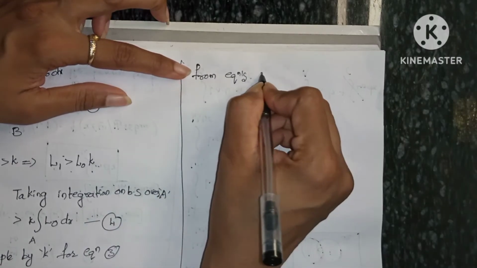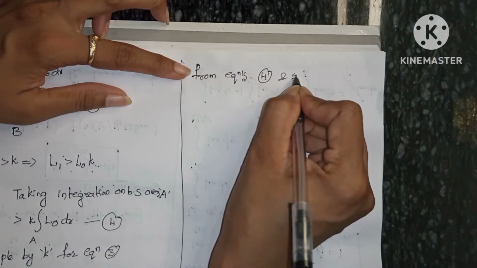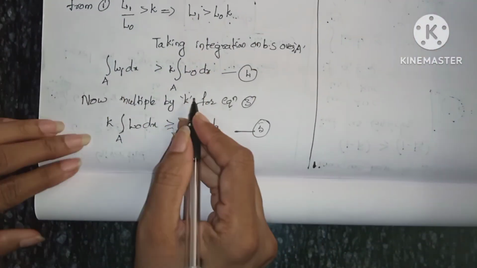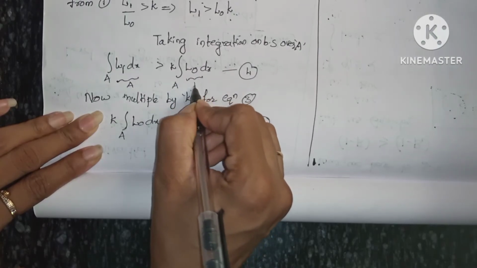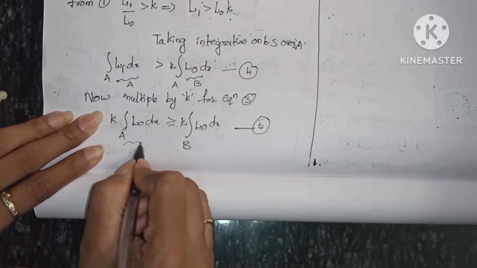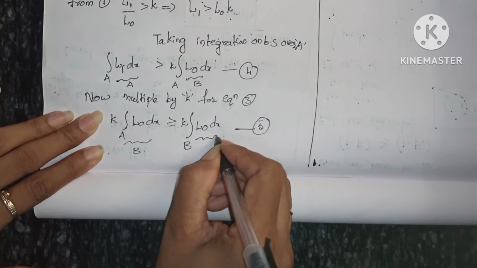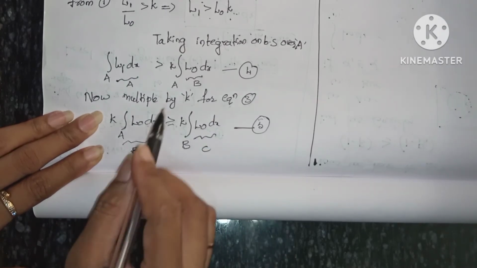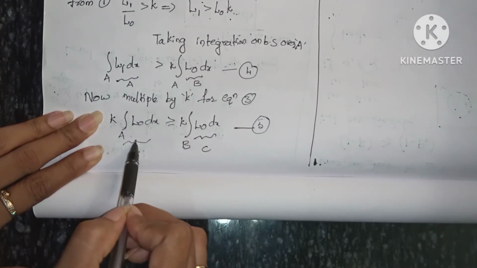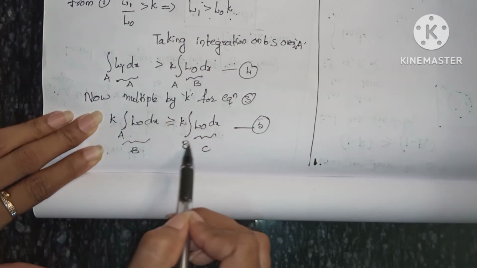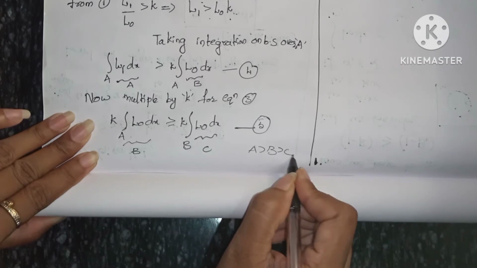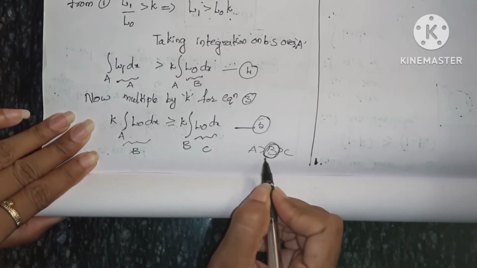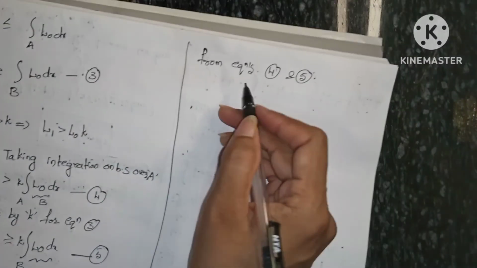So from equations 4 and 5, what we can write, if we think this is A and this is B, and again if we think this is B and this is C. Why we have taken this as B? In the sense, if you observe, these two are same. So finally what we can write is A greater than B greater than C. That means B value we have to write only once. From 4 and 5 equations we can write that.